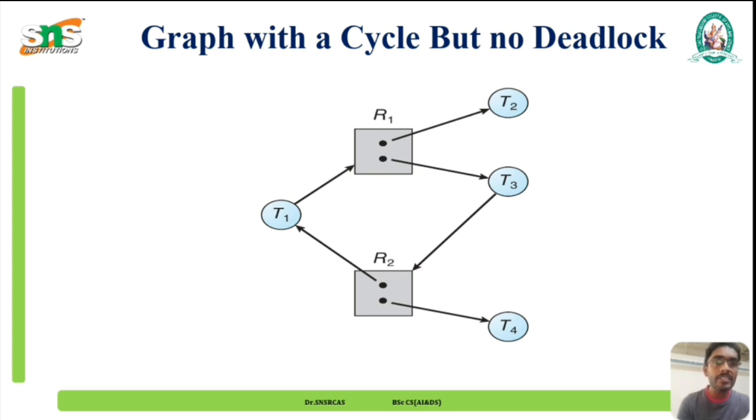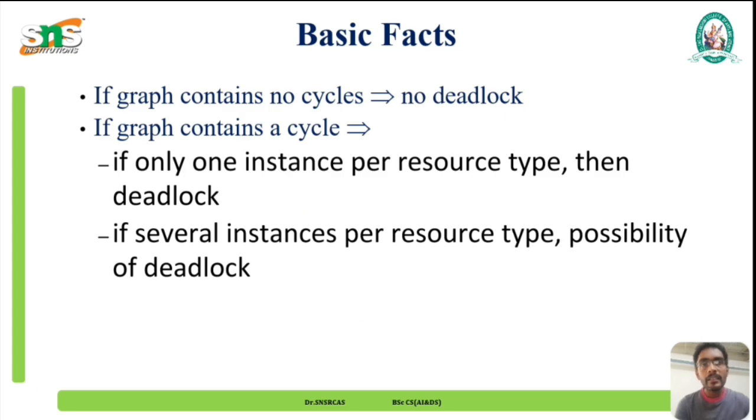This is because the resources R1 and R2 both have more than one instance, which is two instances, for the task requests. And here are the basic facts or ideas about deadlock. If a resource allocation graph contains no cycle, there will not be any deadlock.